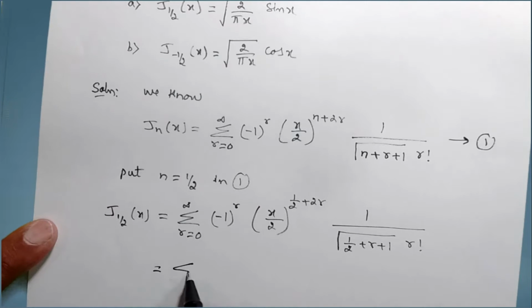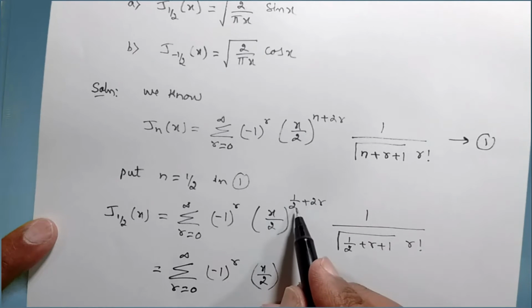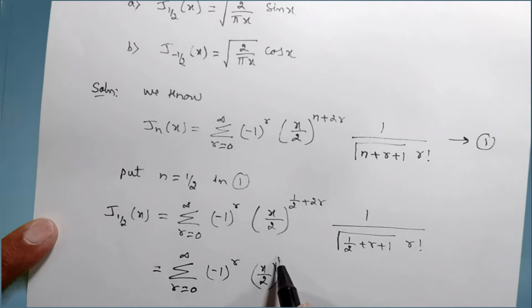Let me further simplify this. This is x by 2 to the power of half as well as power 2r, so I can write the power half separate and x by 2 to the power of 2r separate.